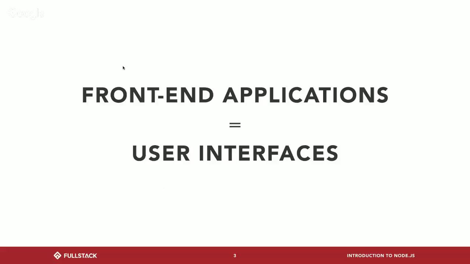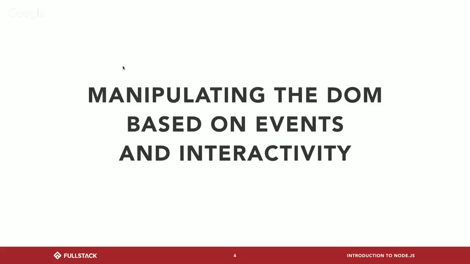Someone's looking at the screen and the code that you're going to be writing is going to handle events that end up happening on the screen. So now for the first time, we're going to end up getting into user interfaces. And we end up doing this by manipulating the DOM. So again, based on events, or what we say is interactivity.